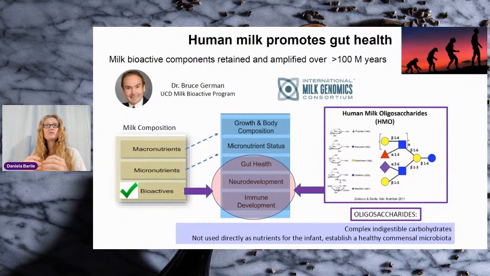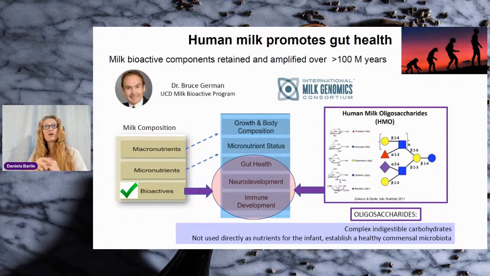But actually, thanks to some coordinated effort led by Dr. Bruce German, the picture up left, who was my mentor here at UC Davis when I came as a student, he founded the International Milk Genomic Consortium. And so at UC Davis, a lot of progress has been made in decoding and deciphering the structure of these molecules that can make all these fantastic activities: gut health, neurodevelopment, immune development, protection against pathogens.